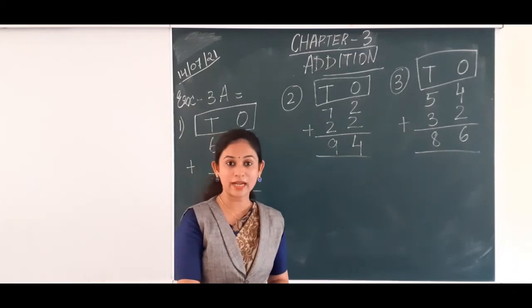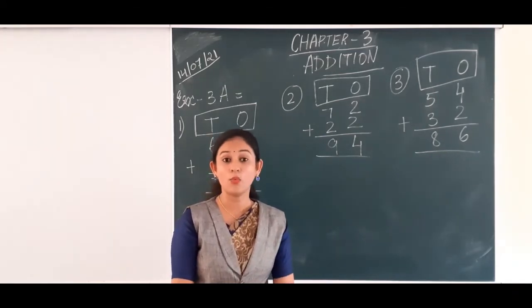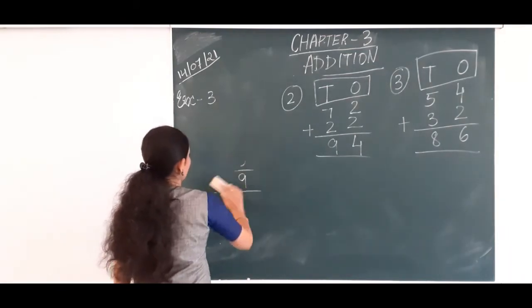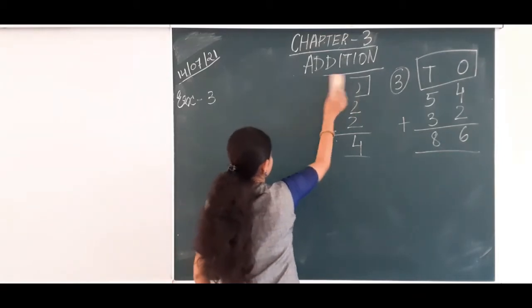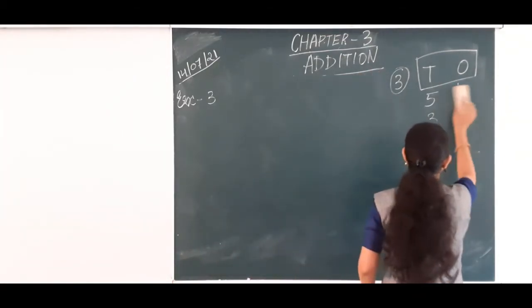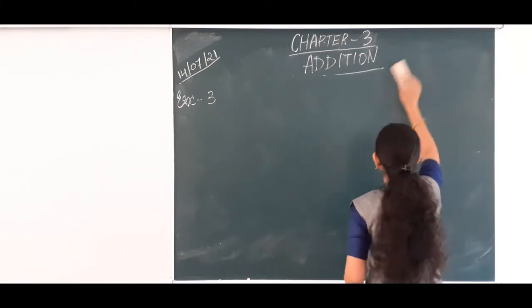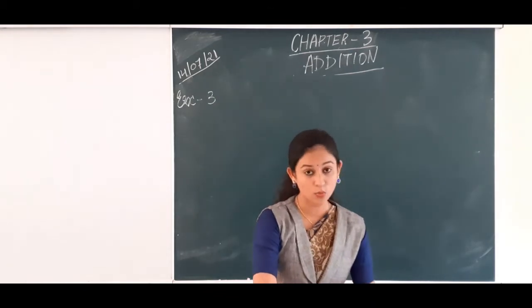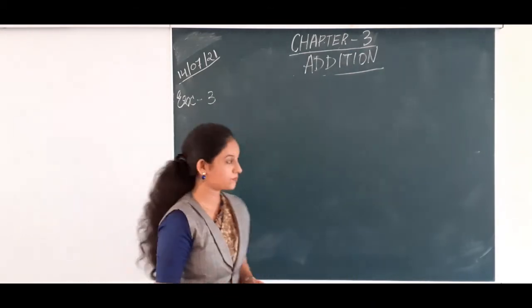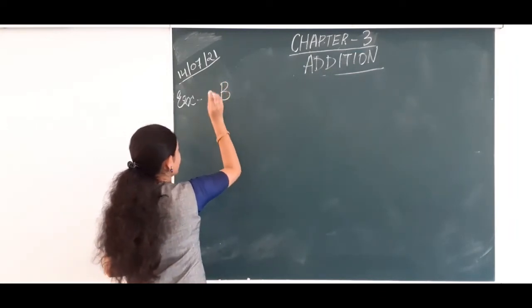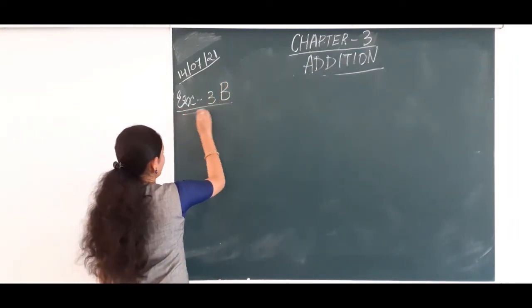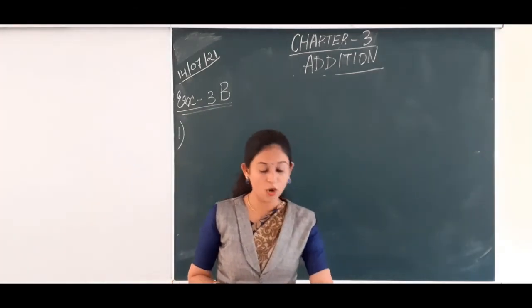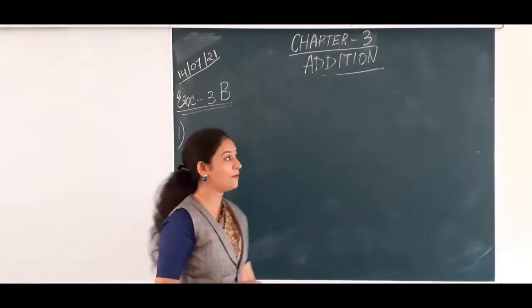Exercise 3B is addition of two-digit numbers with carrying. The first question is 49 plus 24.